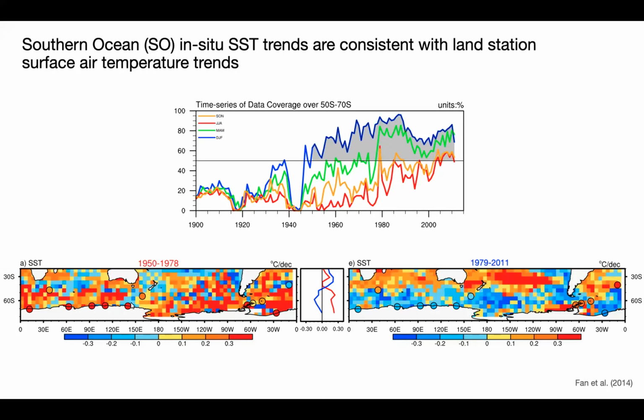So often they match quite well, and especially over the Antarctic coast during this earlier phase, it's consistently showing warming, whereas the later phase is mostly showing cooling. And the zonal mean actually has opposite trends once you are south of around 40 degrees. So hopefully I've convinced you that there were these two distinct periods in the Southern Ocean SST.